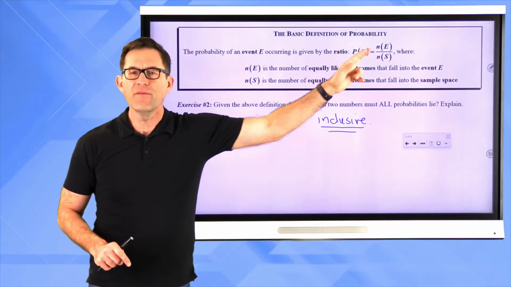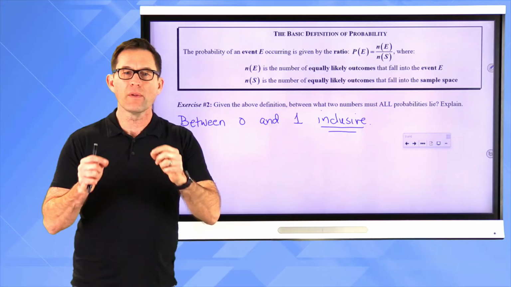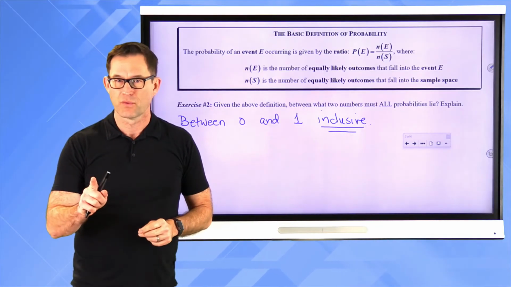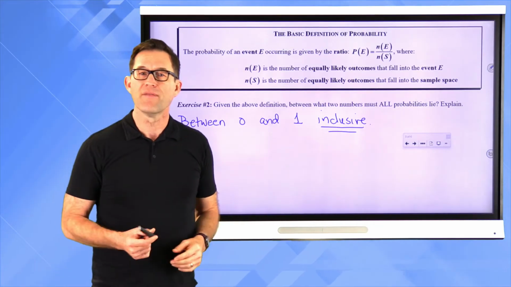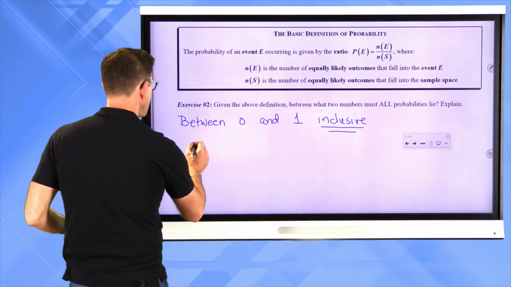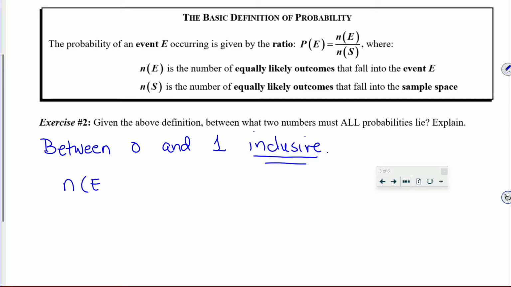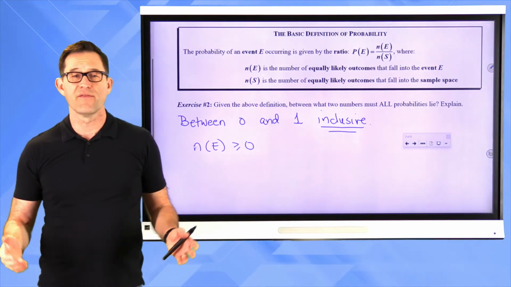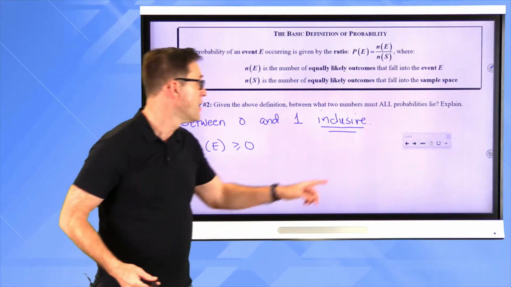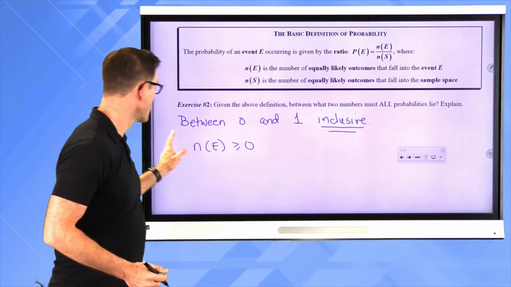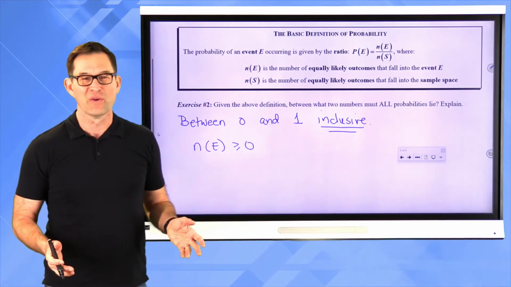Remember, N of E is the number of equally likely outcomes that fall into the event that we care about. Now clearly, N of E must be greater than or equal to 0. All right? In other words, you can't have a negative number of outcomes that fall into a given event, right?